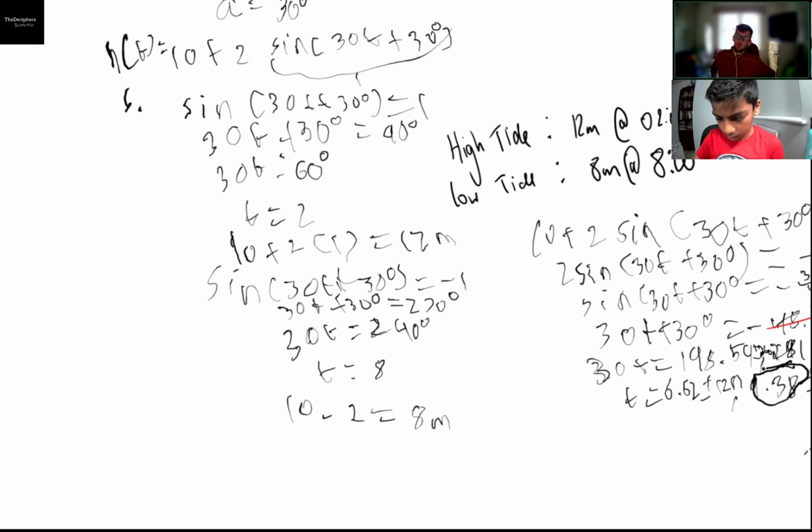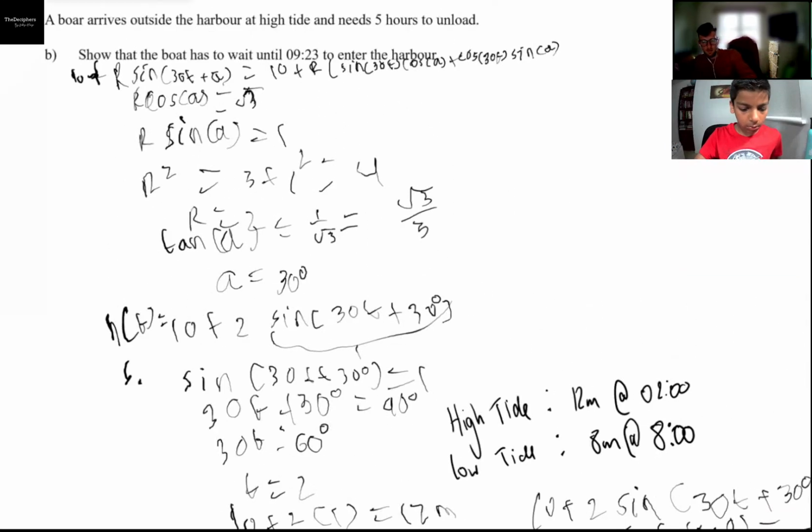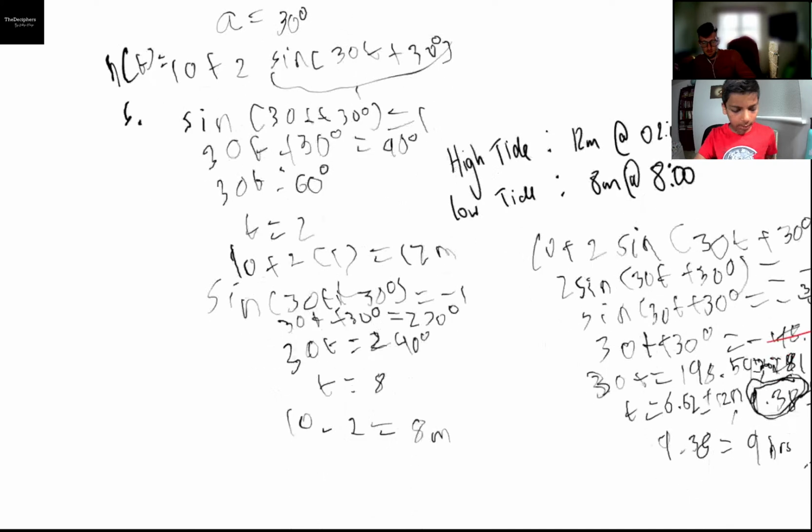Then we can convert that to hours and minutes: that's 9 hours and 22 minutes, or should it round up to 23? Yes, 23. I keep forgetting about the seconds. That's why I like to divide by 60; it's a bit more accurate.